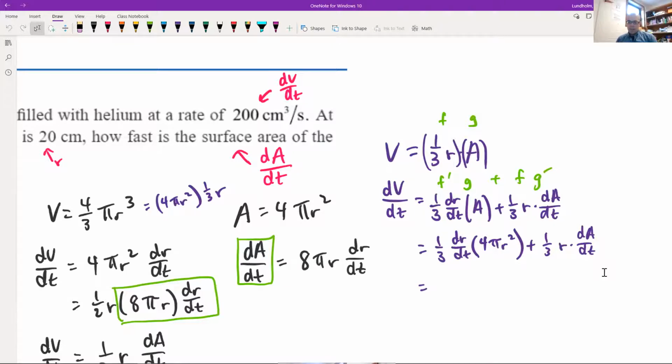All right, and on this one we actually do need to know dr dt. You could find an expression for dr dt in terms of dA dt by taking the derivative of both sides with respect to t, and making a substitution in for dr dt, it's dA dt divided by 8 pi times r.